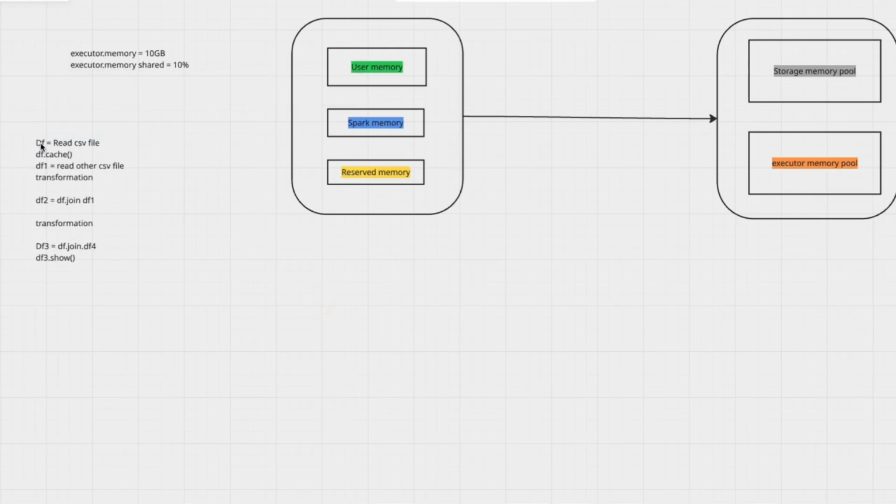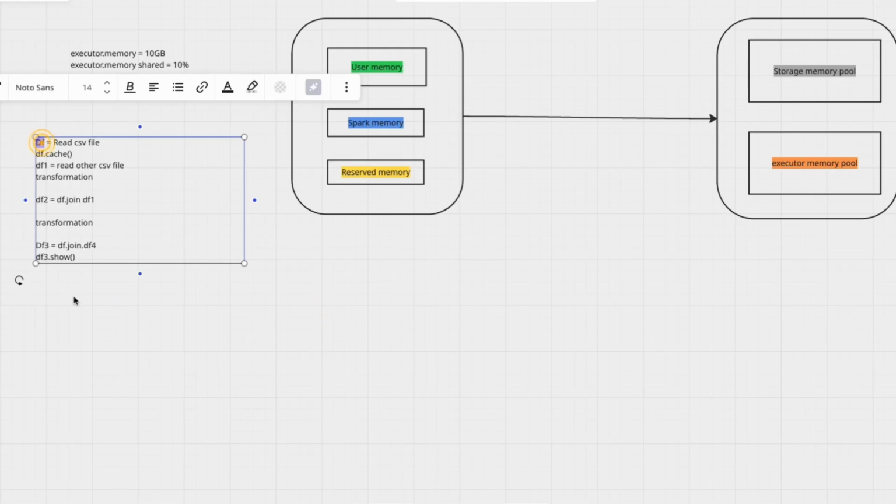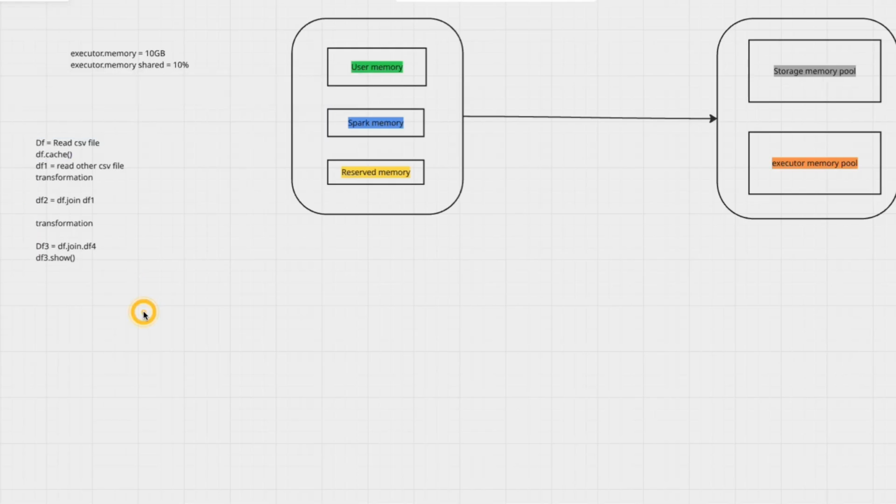Whenever you refer to this data frame in any transformation later in the application, Spark will not go into the DAG of this application and recreate the data frame. It will just get the data from the cache, which is in the storage memory pool. Spark doesn't need to recreate it every time. So this is the need of the cache.